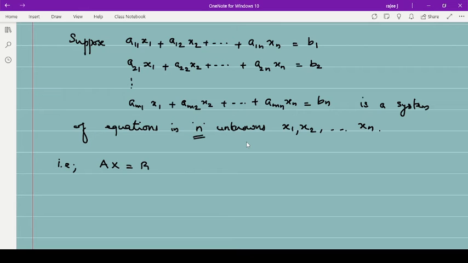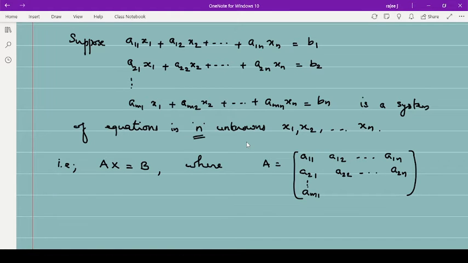Here A is the coefficient matrix, with rows a11, a12, etc. a1n; then a21, a22, etc. a2n; and so on down to am1, am2, etc. amn.